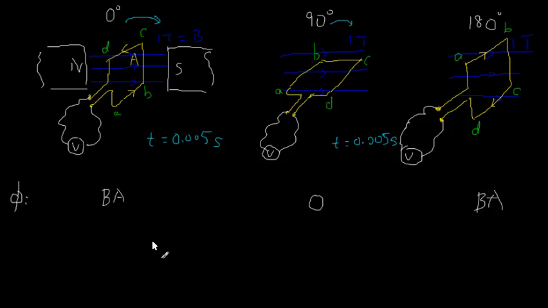What I would do is I would take V between here and here. I would take the final flux minus the initial flux between 0 and 90 degrees, which is BA. And then I would divide by the time taken.